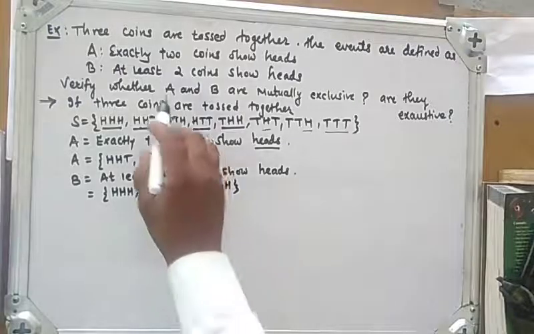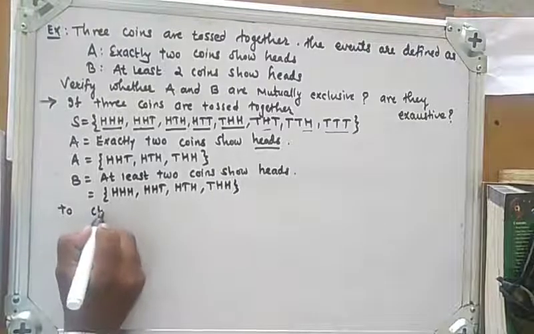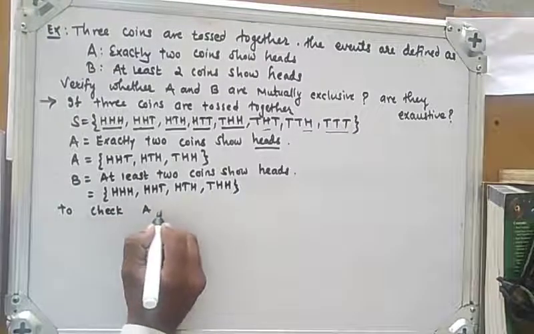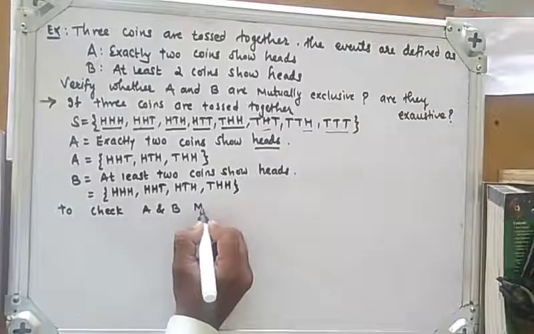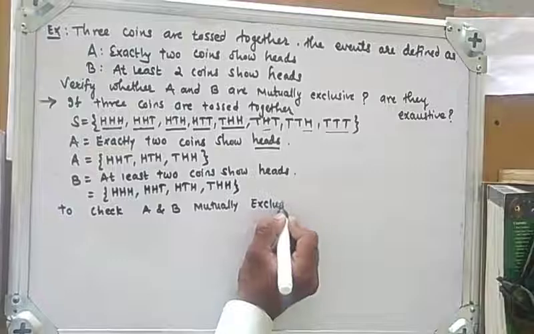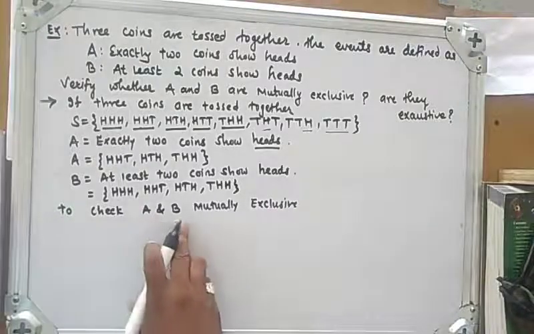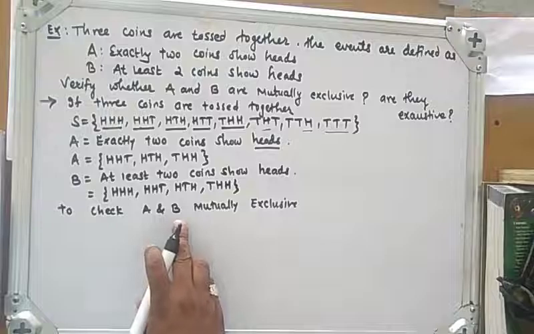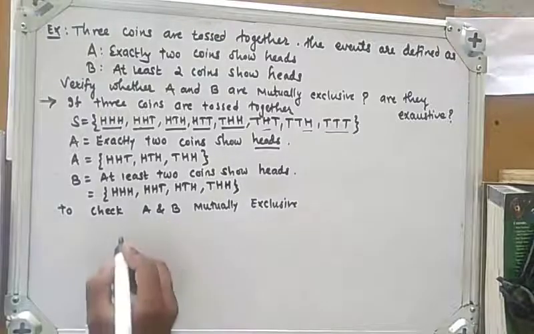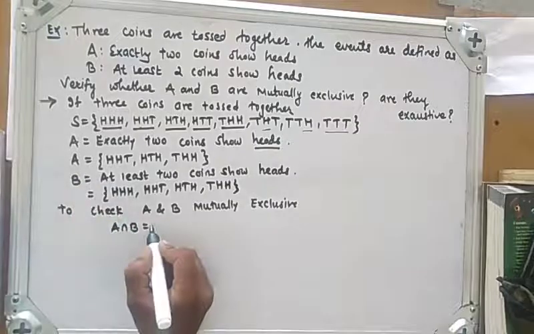Now to check that A and B are mutually exclusive. What is the condition for mutually exclusive? If A intersection B is equal to phi, then we say that it is mutually exclusive. Now A intersection B: what are the common elements?